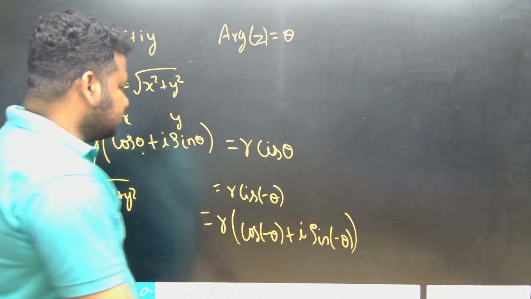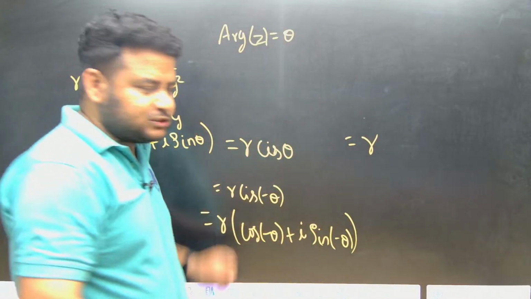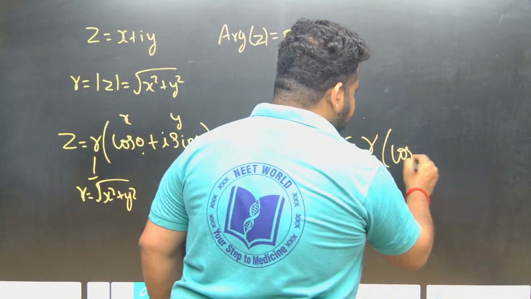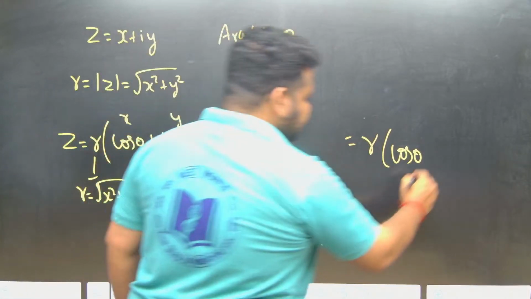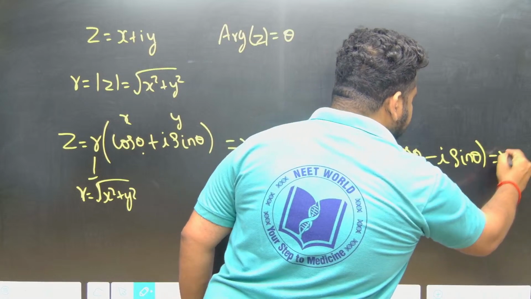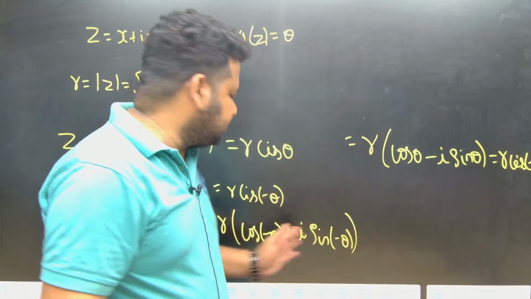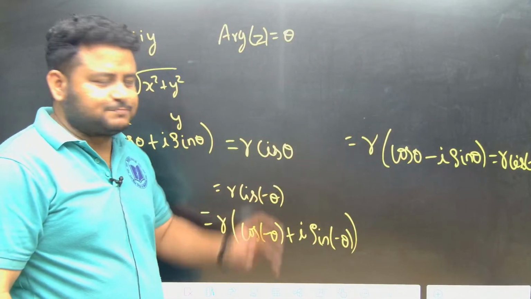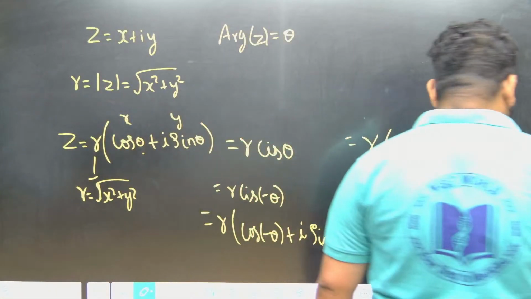So this will become r into cos theta itself, and the sin will throw out the negativity, so it will become minus i into sin theta. Clear, friends? That is the meaning of r cis of minus theta. So based on the value of theta, just put the values here. If it is cis pi by 2, put pi by 2 everywhere. That's it. Clear, friends? This is all you have to know when it comes to the polar form.